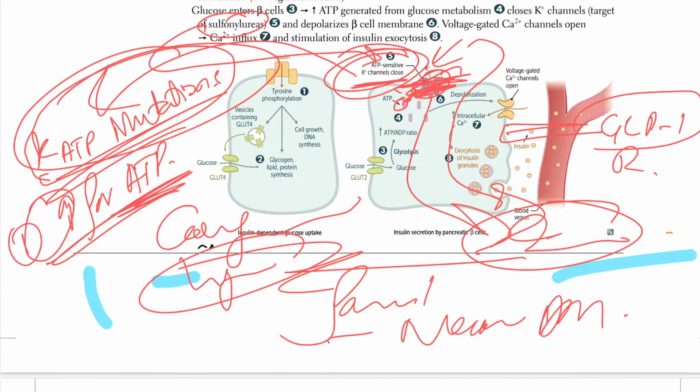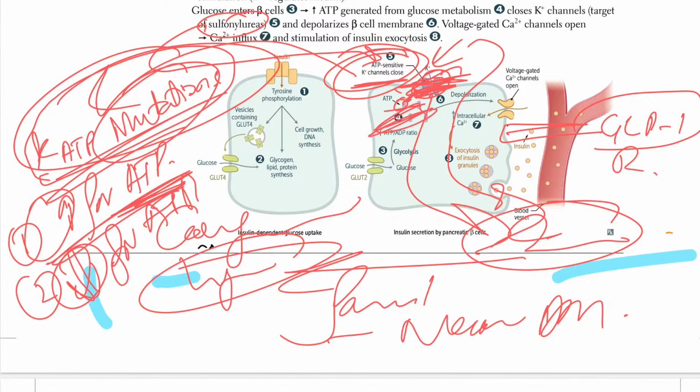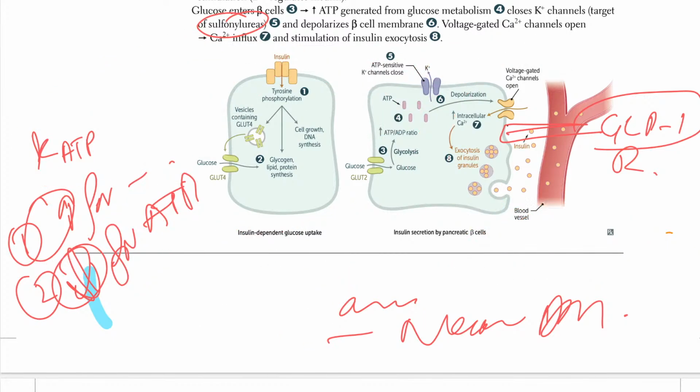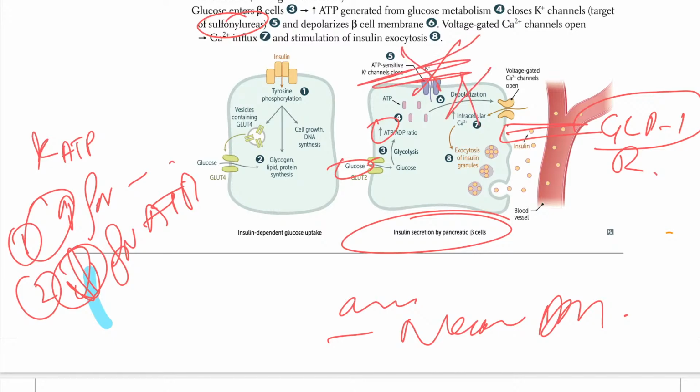Now, the second thing that can happen is you have a decreased affinity. As a mutation, you might go into decreased affinity for ATP. So it's the total opposite. No matter how much ATP you give here, no matter how much glucose you have here, no matter how much ATP you can produce within the pancreatic beta cells, they will not be able to close this channel. When they do not close this channel, they do not go into depolarization.